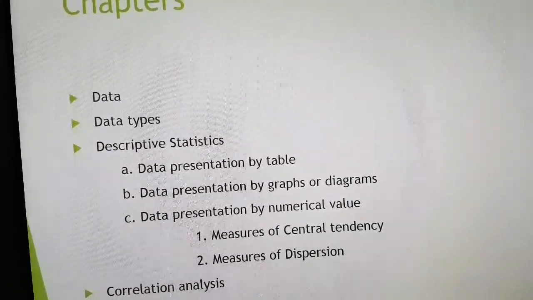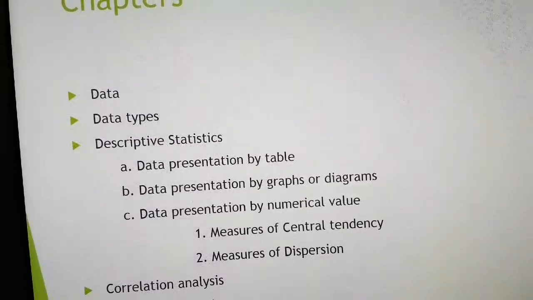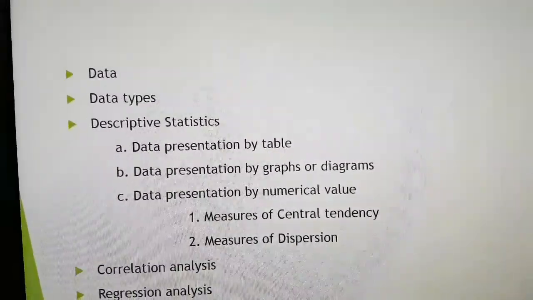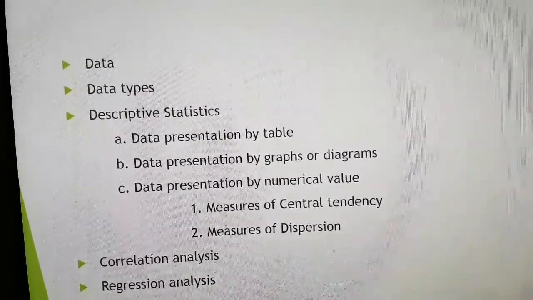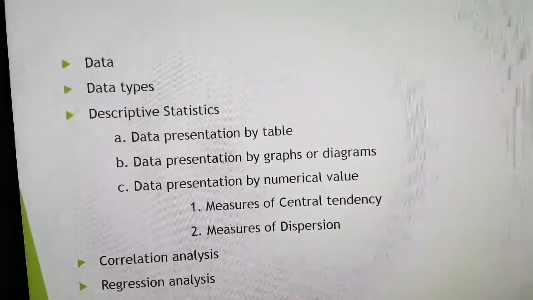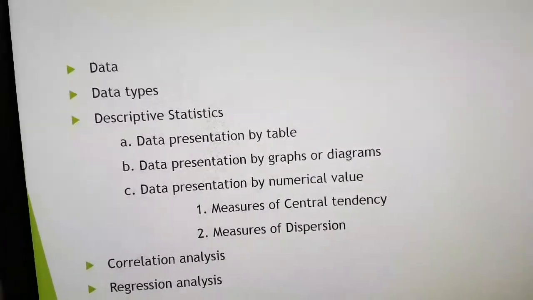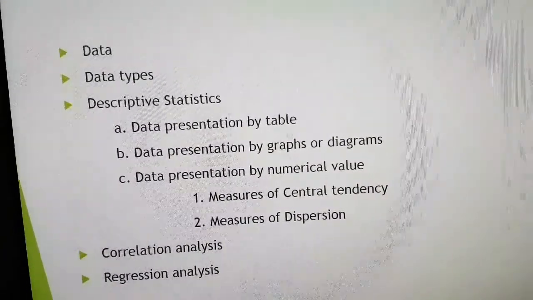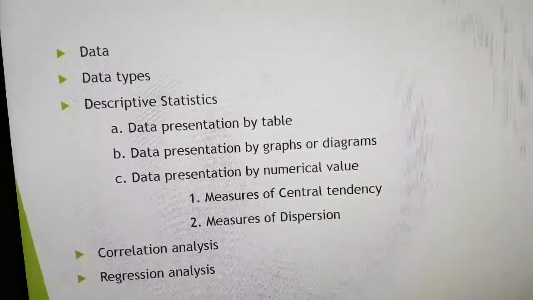There are three under descriptive. First one is data presentation by table, data presentation by graph or diagram, then data presentation by numerical value. Under numerical, there are two subclasses: measures of central tendency and measures of dispersion, and then the fourth one is correlation analysis, and the next one is regression analysis.